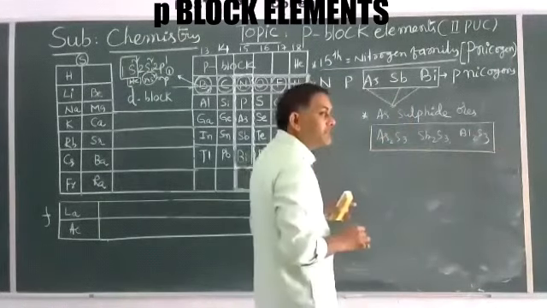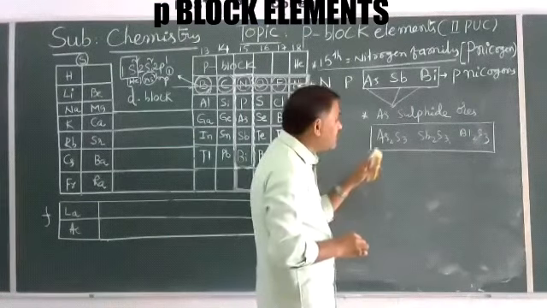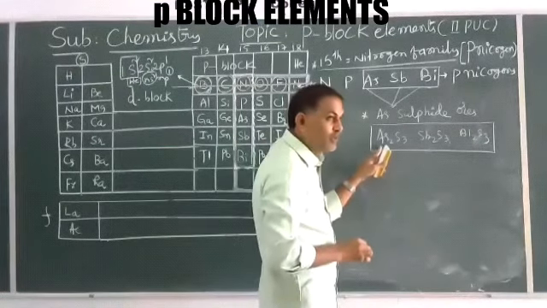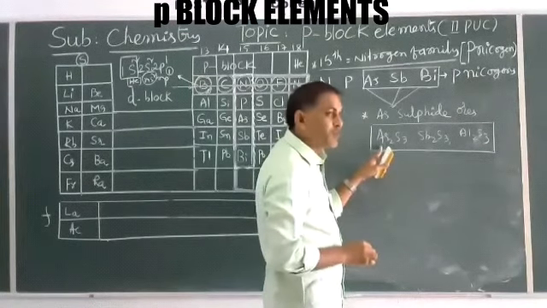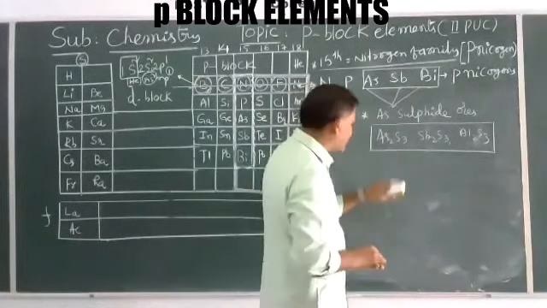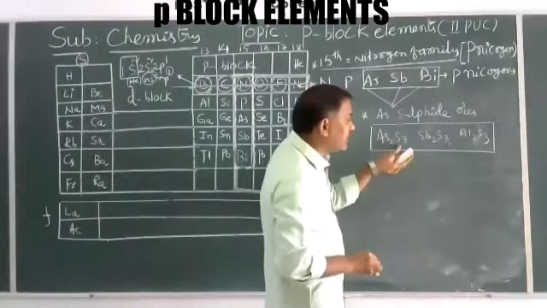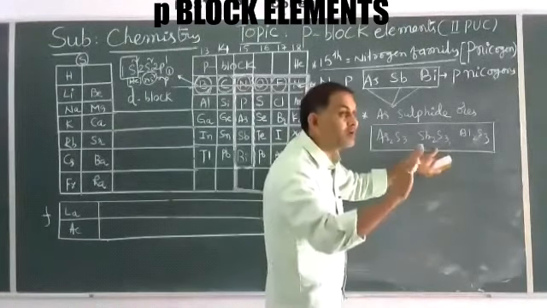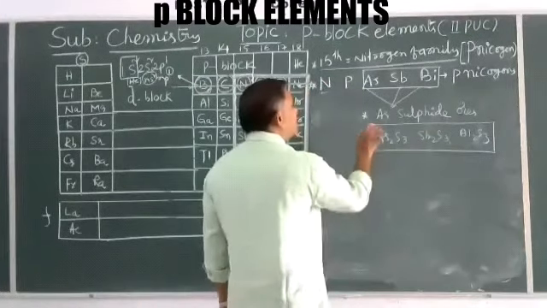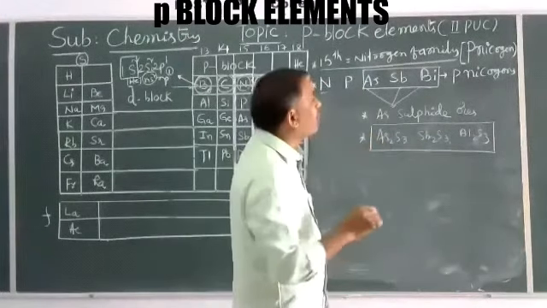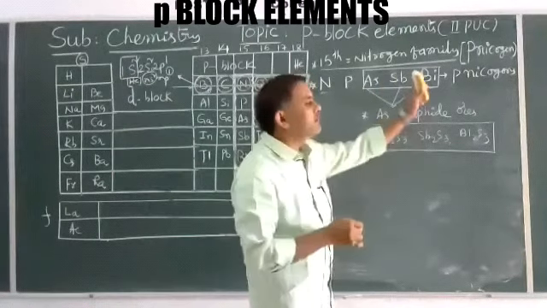In colloids I already explained arsenious sulfide, a negatively charged colloid, and metallic sulfide colloids like As2S3 and Sb2S3. These are the important sulfide minerals of the remaining three elements.